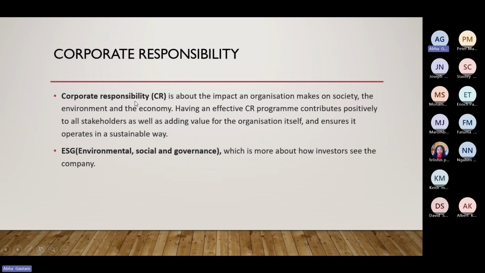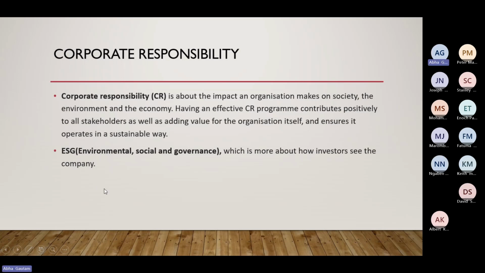Because in corporate responsibility, we are talking about the responsibility of an organization. Whereas in ESG, it is how investors see the company. Is it environmentally okay, socially okay to invest, and governance-wise how is it working?